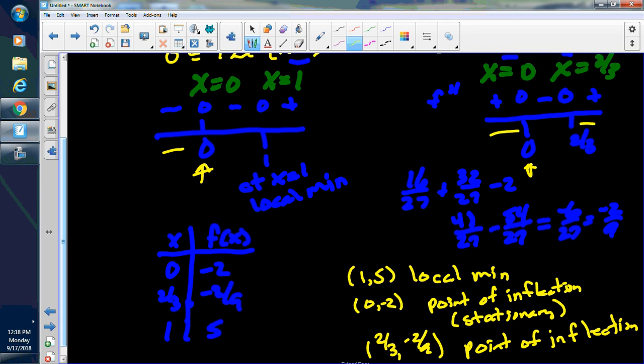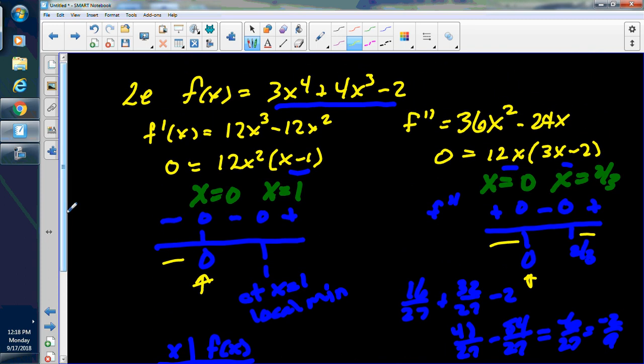Okay, and we have a problem. Because here, at 0, I'm at -2. At 1, I'm at 5. How can 5 be a minimum? Let's see. So I have 7 minus 2 is 5. At 0, I have -2.